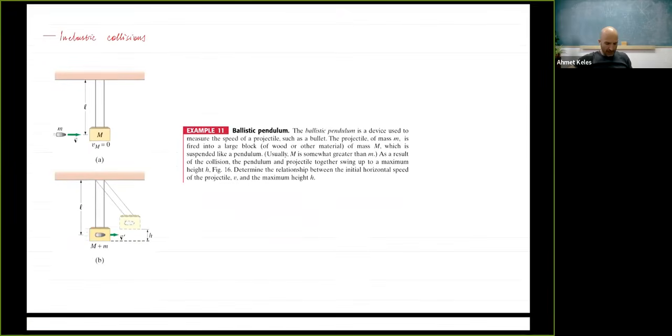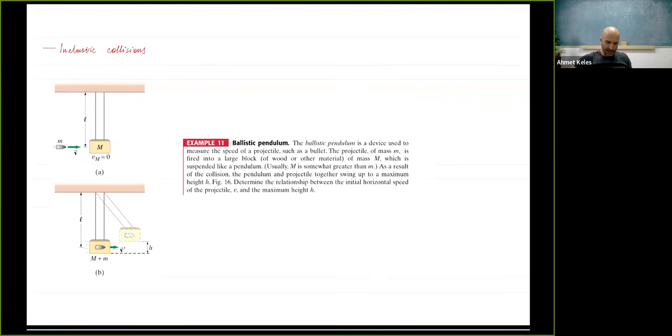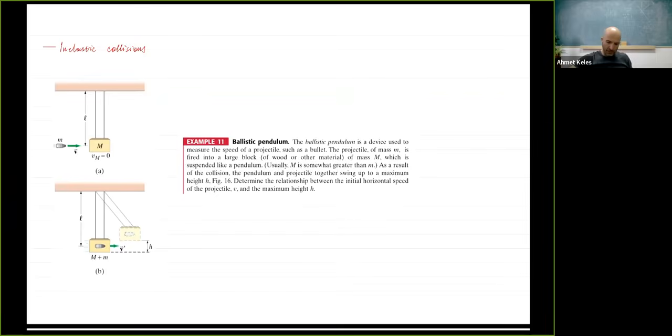So here's another kind of collision. We said if the collision is elastic, the kinetic energy is conserved, but that's not necessarily the case all the time. If the kinetic energy is not conserved, we call them inelastic collisions, where no kinetic energy is conserved.